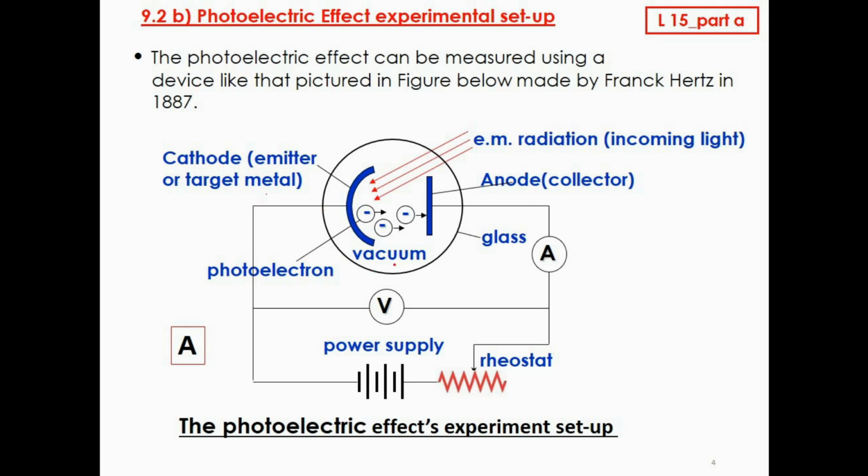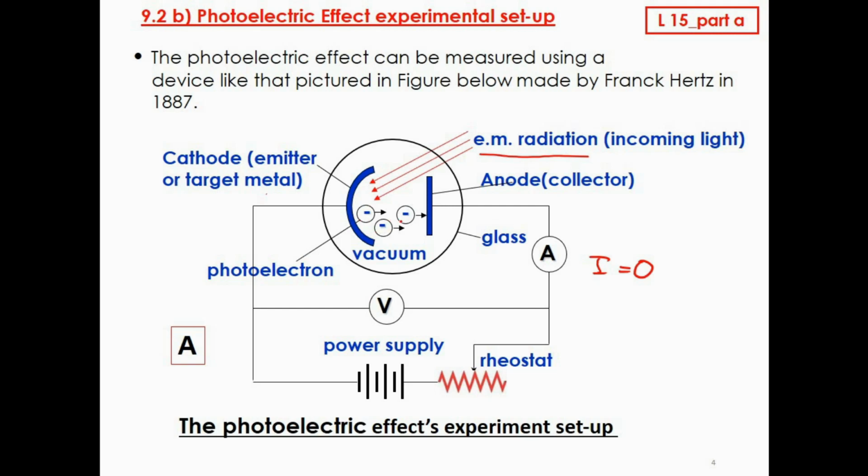When the tube is kept in the dark, the ammeter reads 0, indicating no current in the circuit. But when electromagnetic radiation with enough frequency shines on this target metal, electrons are emitted.